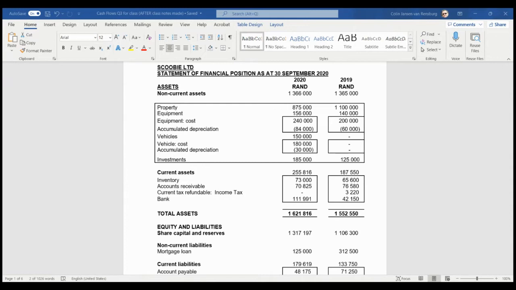Right. So we can do the reconstruction later. Same with our vehicles, ladies and gentlemen. We've got vehicles at cost and we've got the vehicles accumulated depreciation. The opening balance at the beginning of the year was 0. The closing balance at the end of the year is 30,000 rands.